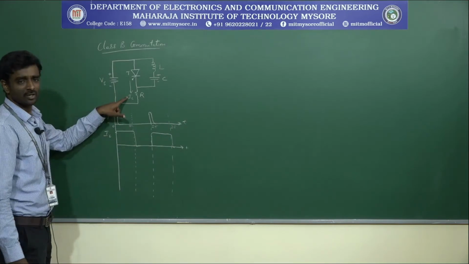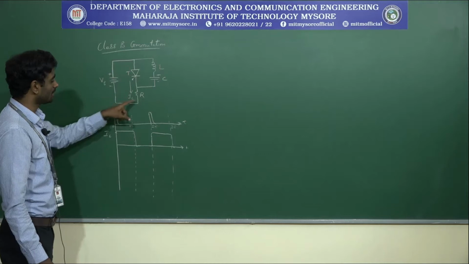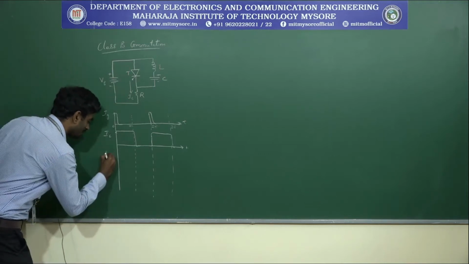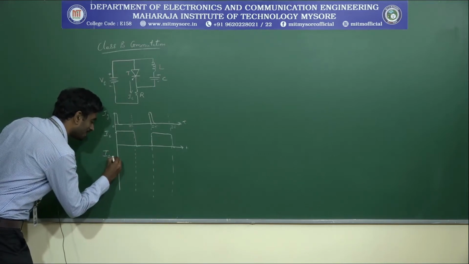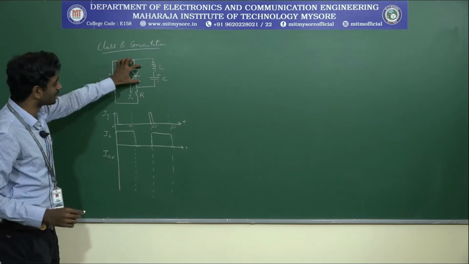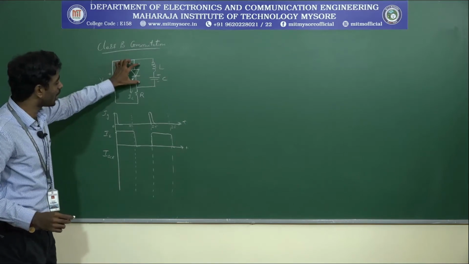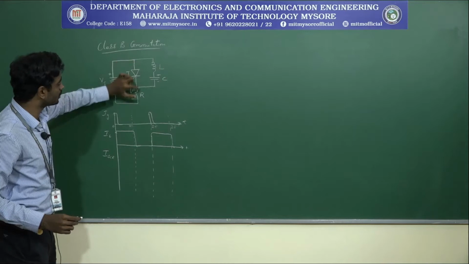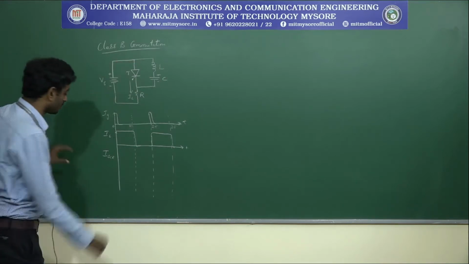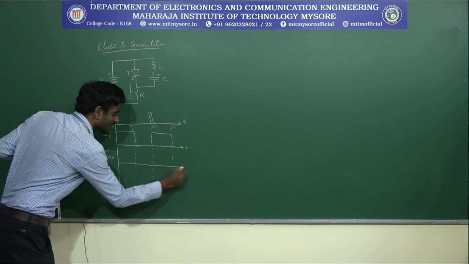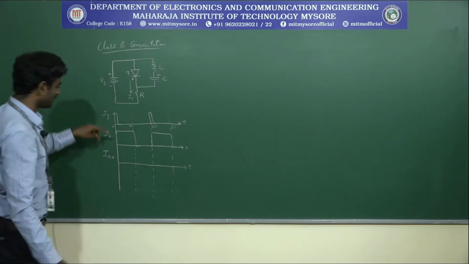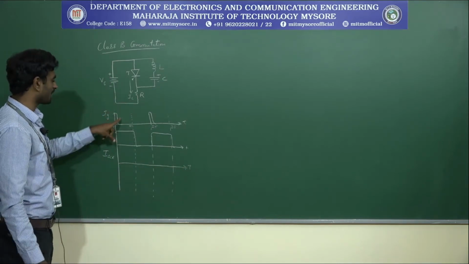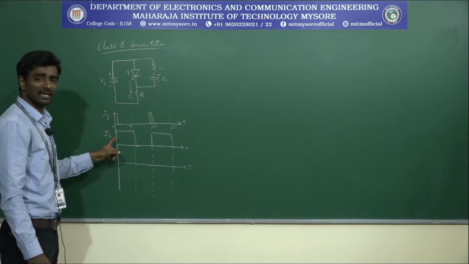So I measured the current across this particular resistance, and now I am measuring the current across the SCR, that is, I will be measuring the current across this particular thyristor. If you consider this case, in the positive half cycle I am applying a gate current. Based on this I have got a maximum load current.